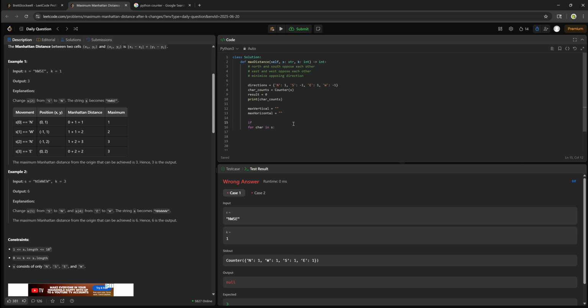If, or max vertical equals west if char counts west is greater than char counts east.